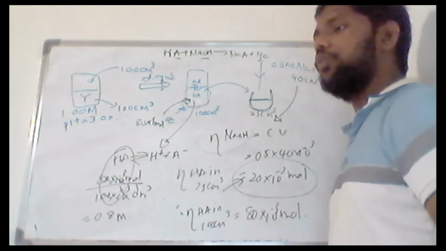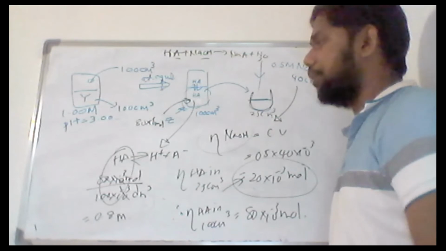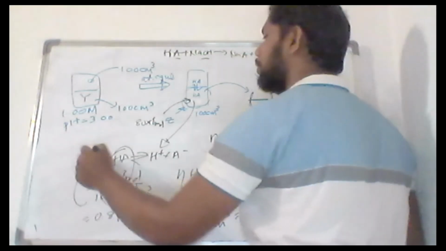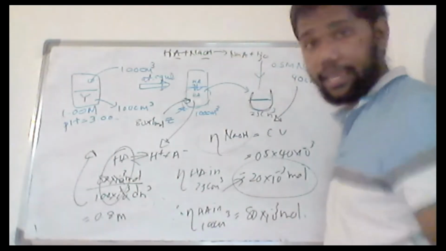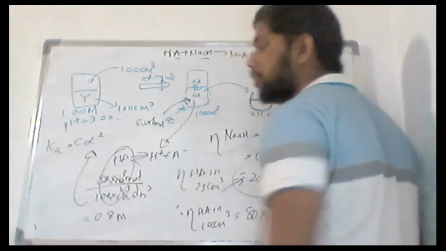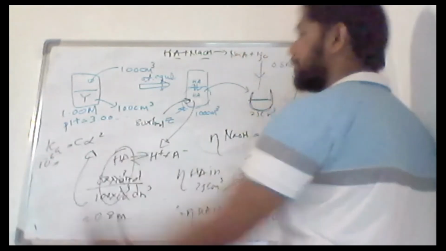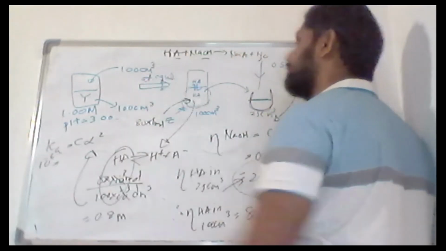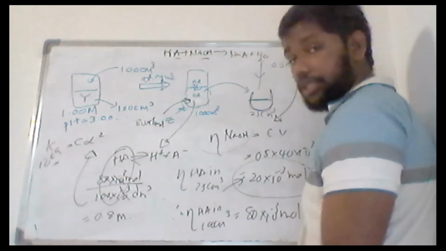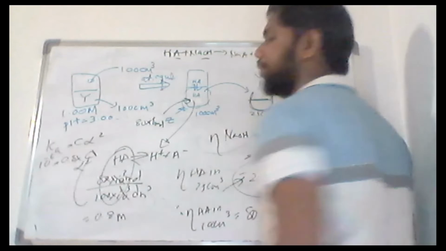Then what you can do is use the same equation that we used before. We have already found Ka. So Ka is equal to C alpha squared. Ka is 10 to the power minus 6. The initial concentration of the HA solution, the total concentration, is 0.8, and you can find alpha squared.